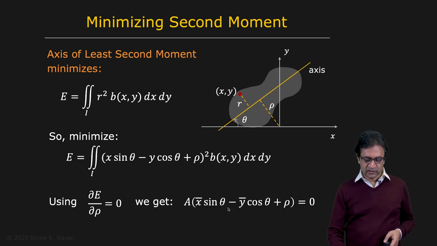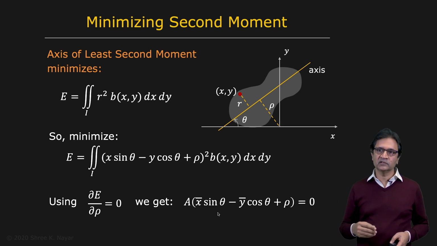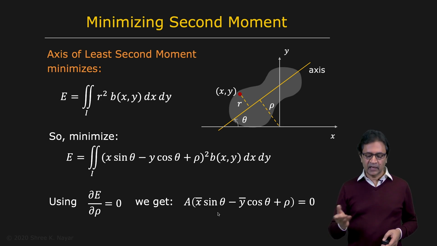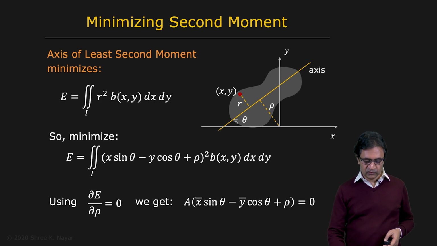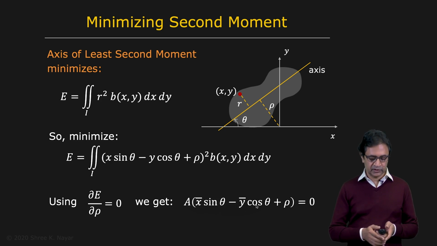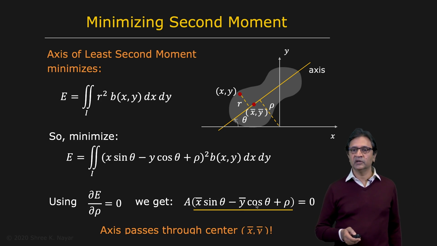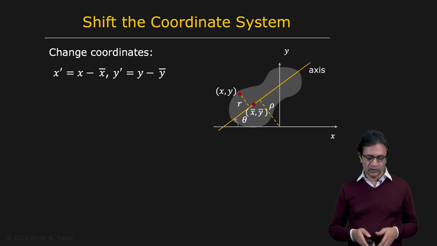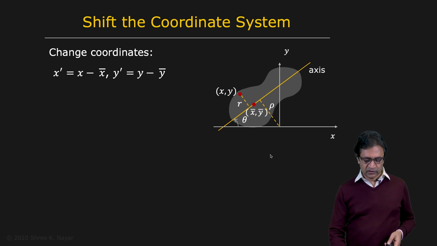So this tells us that whatever this axis is that corresponds to the least second moment, that axis must pass through the center of the object, x bar, y bar. So that's interesting. What we do is we simply change the coordinate frame so that we shift it so it lies at the center.